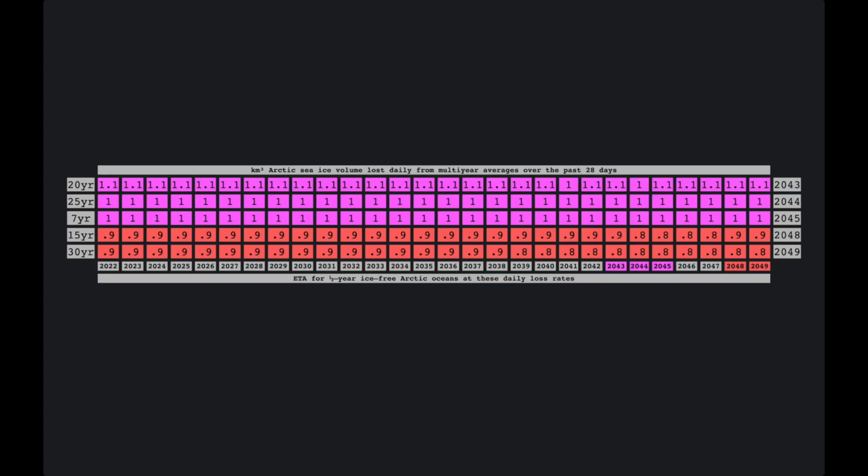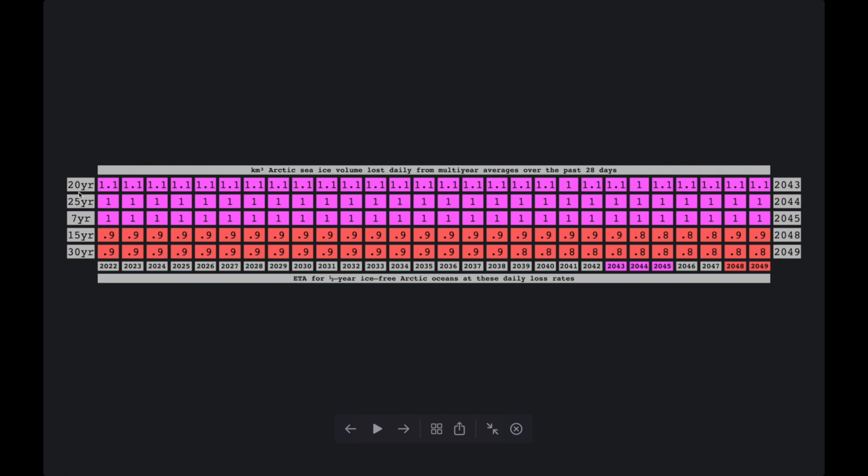Okay, so the speed of collapse, or the speed of decline from that previous graph, that's something we look at in this plot. And you remember it was a 7-year average, and so that's the middle one here.